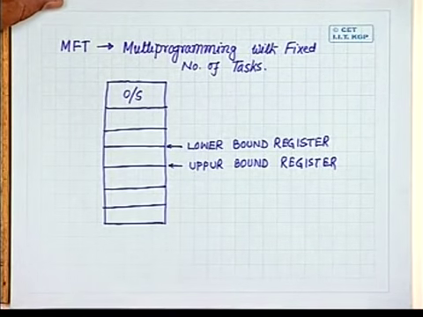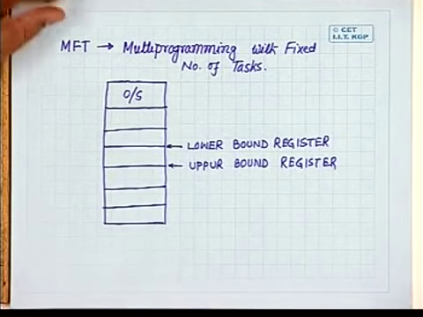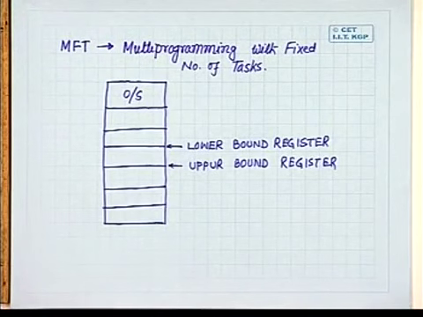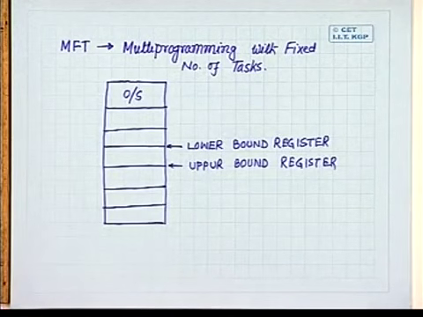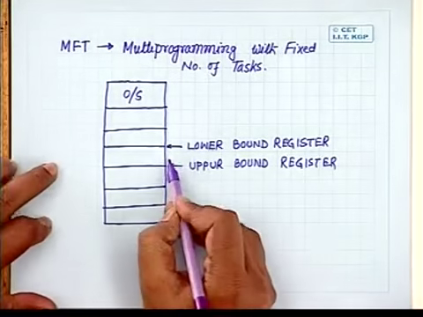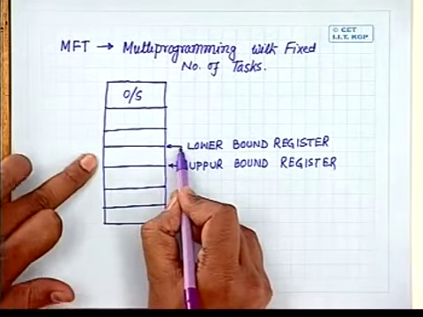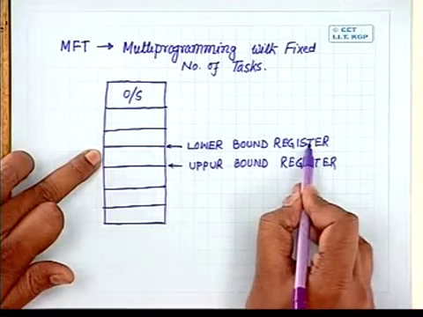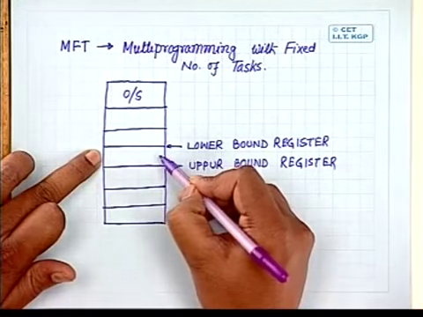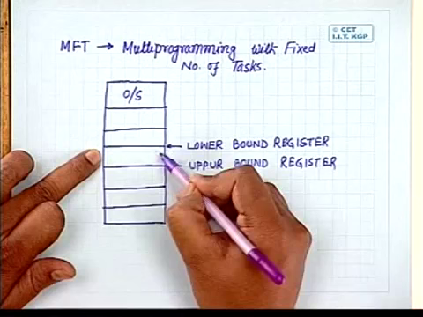And then the scheme for protection will be that whenever an address is generated by the CPU, if the address is less than the lower bound register content, there has to be a trap. Because the address generated by the CPU is less than the content of the lower bound register, the process is trying to access some memory location which is not allocated to it.